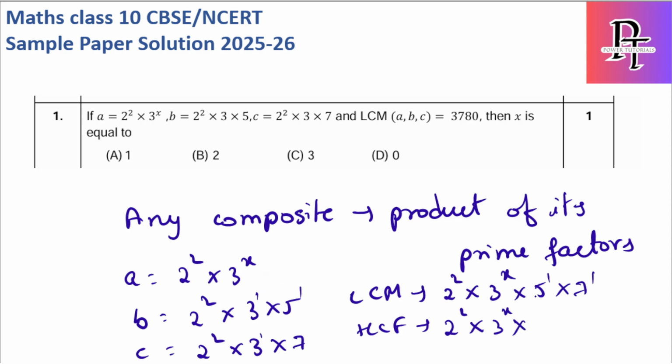Here we don't have 5, so no need for 5 power 0, no need for 7 power 0. So this will be the HCF if they asked about HCF in the question. Okay, I'm repeating again: for LCM you have to consider the highest power of each prime factor, whereas for HCF you have to consider the least power of each prime factor. For this question this is LCM and we need to find 3 power x, that is the x value. Okay, let's solve it.